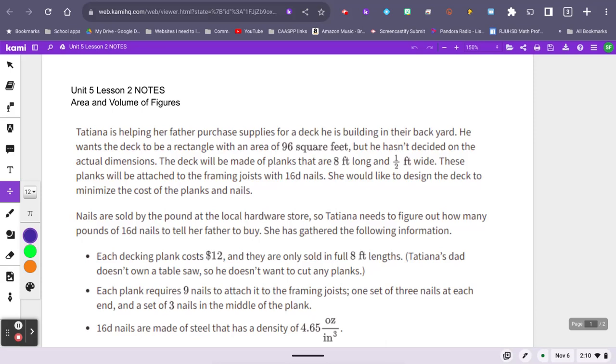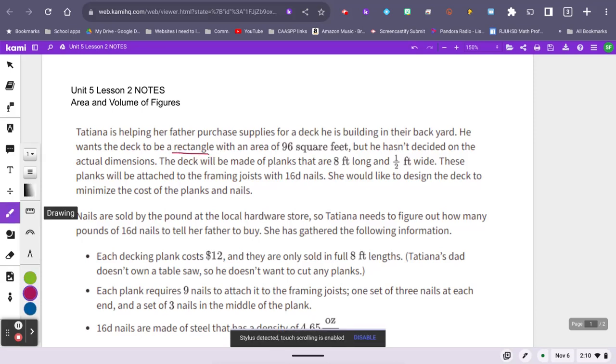So the first thing is Tatiana is helping her father purchase supplies for a deck he is building in their backyard. He wants the deck to be rectangular with an area of 96 square feet, but he hasn't decided on the actual dimensions.